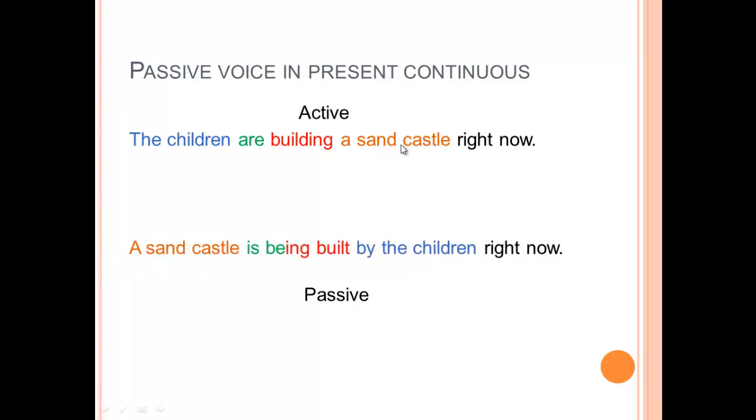It will be like a sandcastle. Here we go. The object goes all the way at the beginning of the sentence. A sandcastle is singular, so verb to be would be changed from are to is, being, of course, for the ing, and finally the verb would be formed in the past participle form, which is built from the verb build. Built by the children right now.